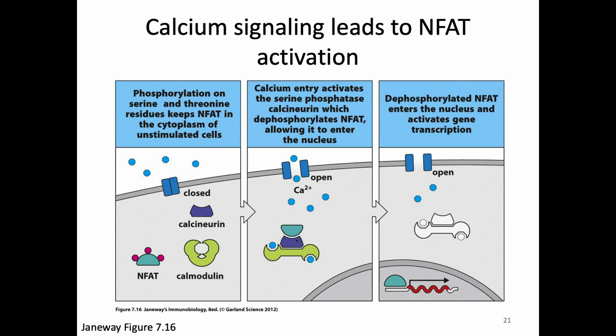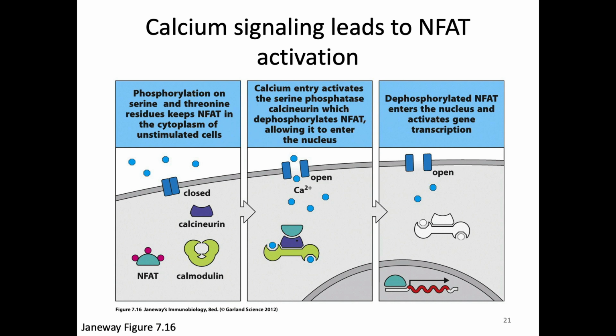Now calcineurin can do its thing. And calcineurin's thing is that it removes phosphate groups from its target protein. The target protein is NFAT. NFAT, when it has phosphates on it, is not allowed into the nucleus. So the nucleus is like, no, you're not allowed in here. You can't come in if you have phosphates.